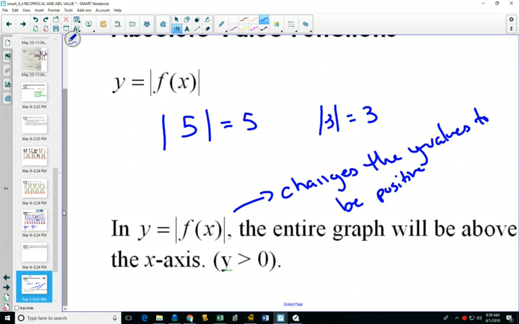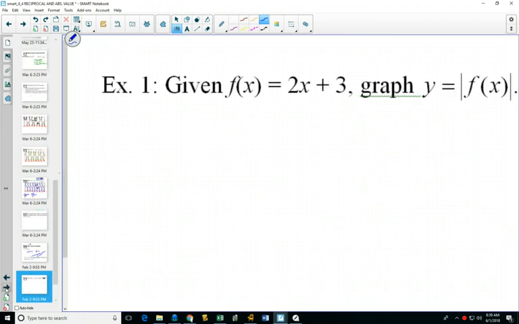So we're going to look at a couple of examples of this. And we'll start off with one which you could do with transformations, but the new technique that we're going to use might be better.